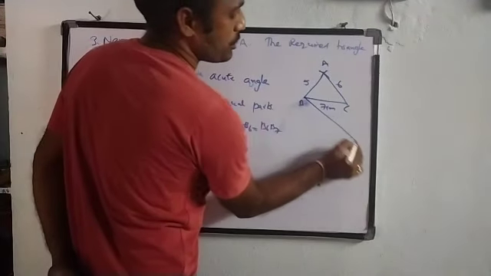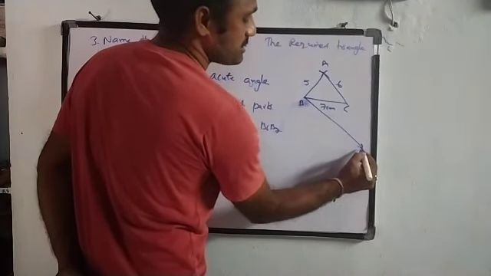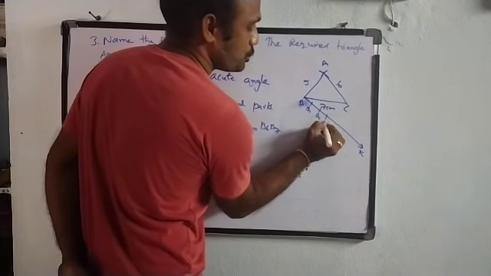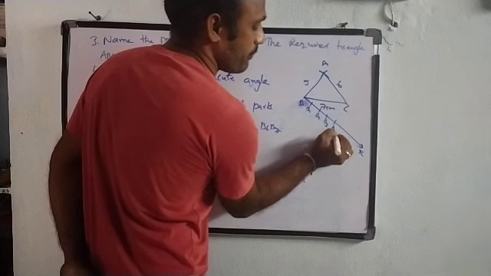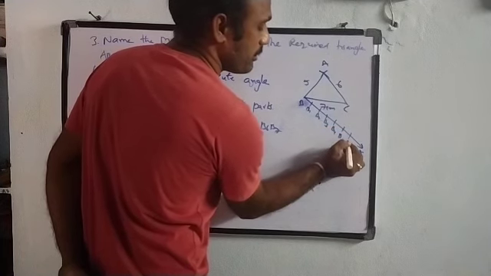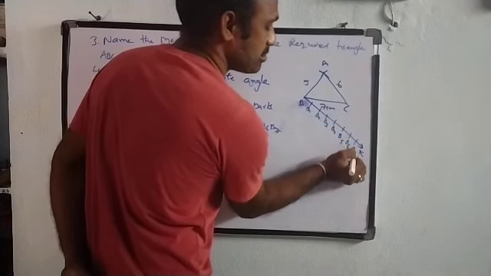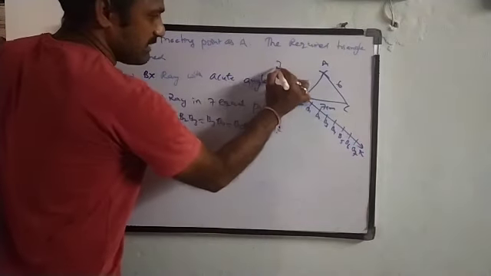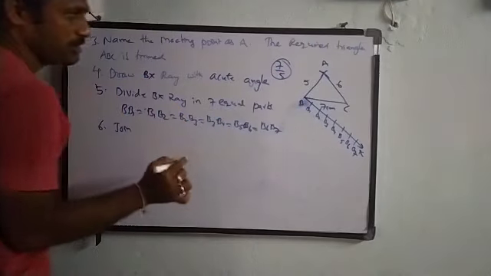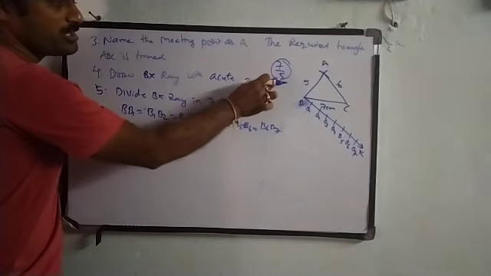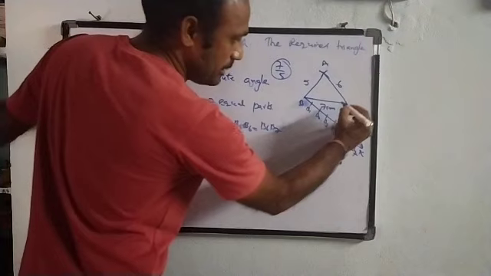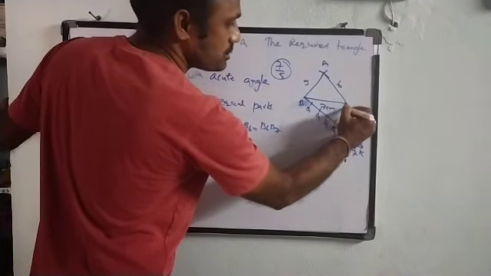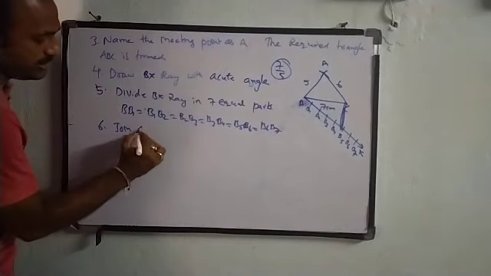Then we draw an acute angle, which is the BX ray, and divide it into 7 equal parts B1, B2, B3, B4, B5, B6 and B7. Now we need to join. Since the fraction is 7 by 5, which is an improper fraction, we need to join the lowest value. What is the lowest value here? 5. So I need to join CB5.